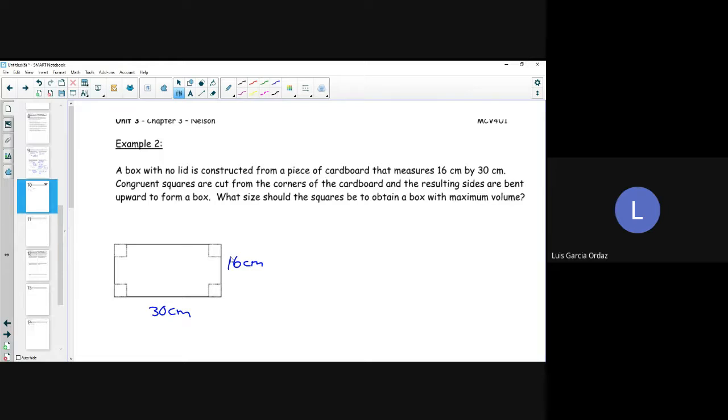So when it comes to these tiny squares, because they're a square, what should each side be labeled with? Because it's a square, the length is x and the width is also x.